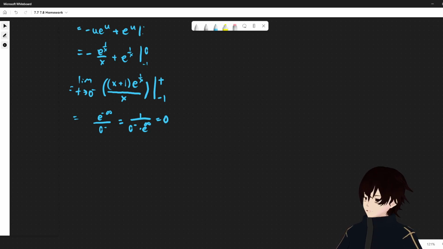No. Let's graph this. E to the power of 1 over x divided by x to the power of 3. Yeah. That's a 0.